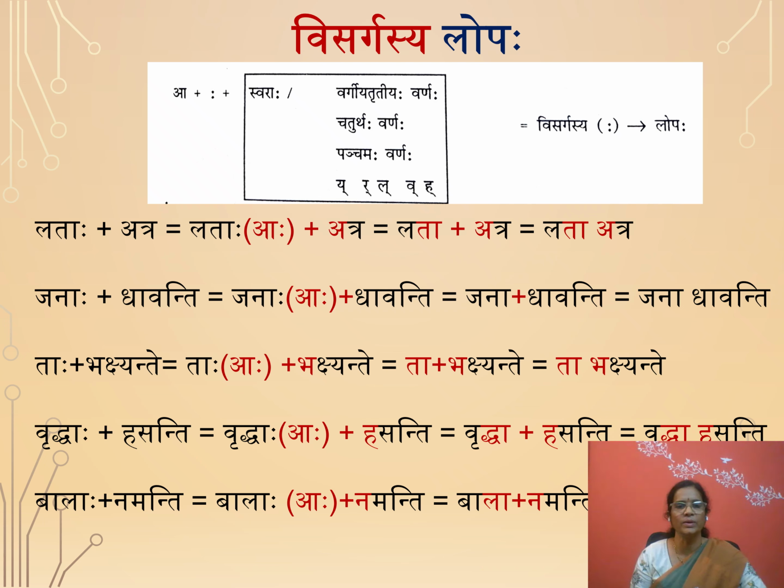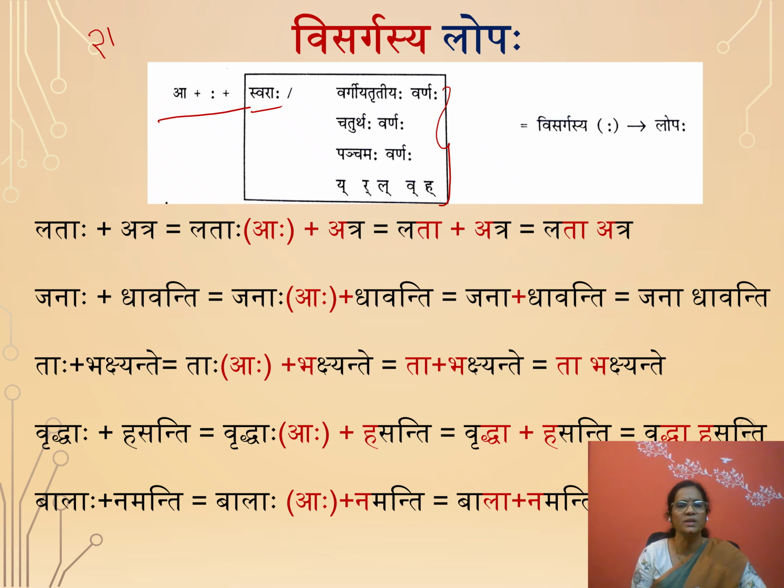The second rule is, here the first word, if it ends with aha, and the second word if it starts with any swara or any soft consonant. Here, if we go a step back, Visargasya Lopaha, what is the first rule?